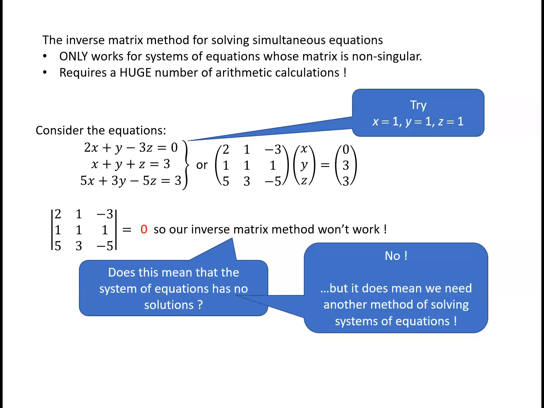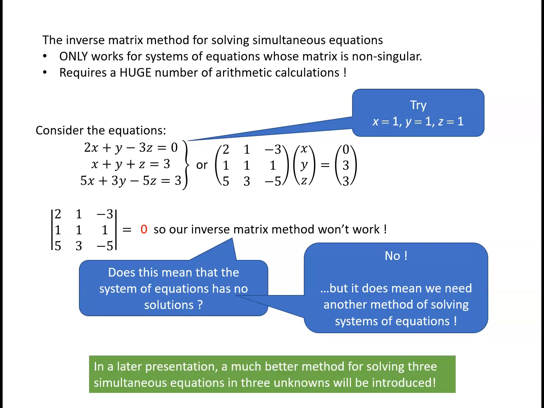So what this is telling us basically is that the inverse matrix method for solving simultaneous equations won't deal with all systems of equations that we might meet. And in the next video we'll see an alternative and rather more efficient way of solving simultaneous equations in 3 unknowns.